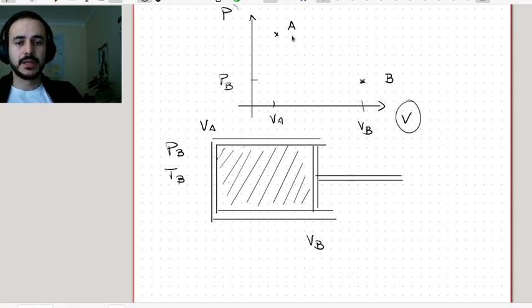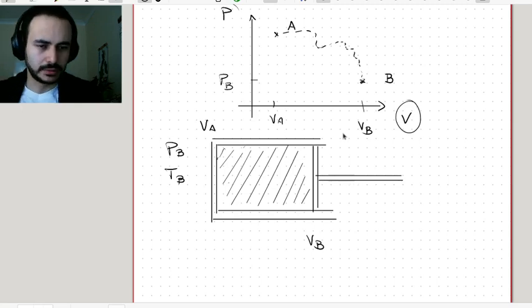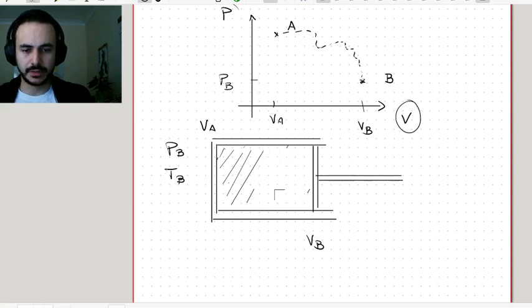If you want to somehow represent the process that takes place between A and B, you can draw, if you like, some discontinuous wobbly line like this. But really, it's not legitimate to even plot such a non-reversible, non-equilibrium process.